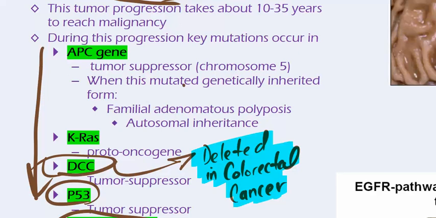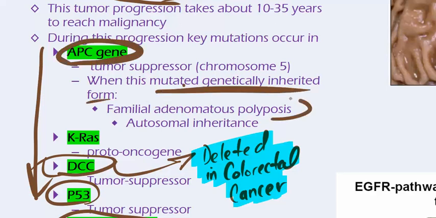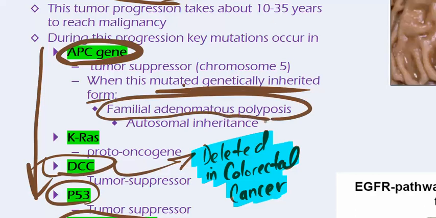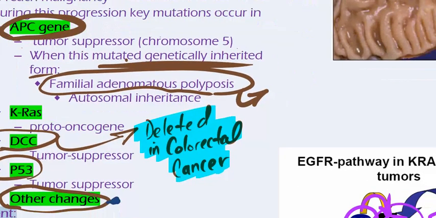Remember that was with your E-cadherin and your beta-catenin, which was holding the cells together. So there is a genetic condition where this gene is mutated. This is your familial adenomatous polyposis. I believe it should be autosomal dominant. Yes, I think it's autosomal dominant.